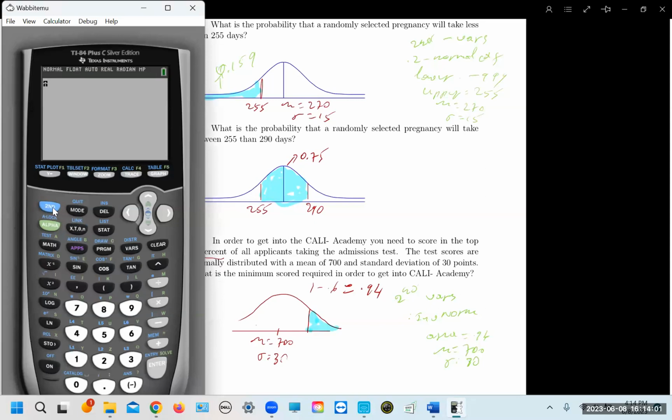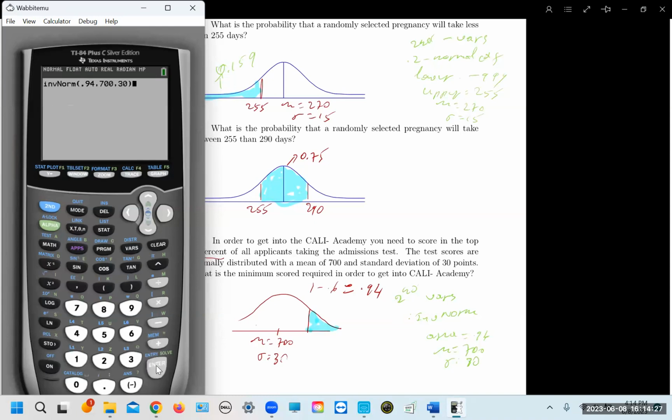So, second var, and we're looking for the area for the maximum score. So we can have this, and 0.94, and the mu is 700, and the sigma is 30.